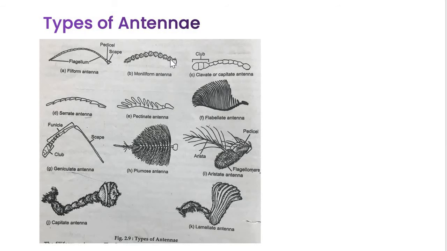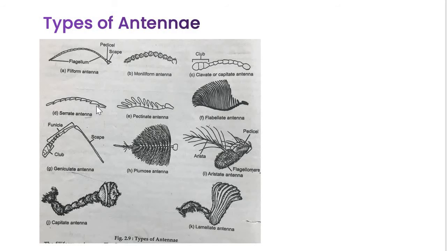Now the next type is the serrate antenna. You can see the serrate antenna here. The flagellum consists of triangular segments with an eccentric arrangement. Here you can see the segments are triangular in shape and the arrangement is eccentric, right? That is why the appearance looks like a serrated margin, and that is why the name given is serrate antenna.